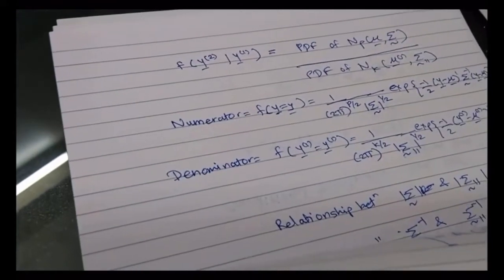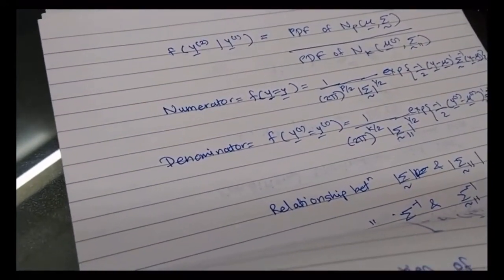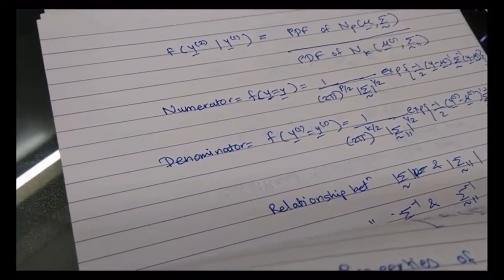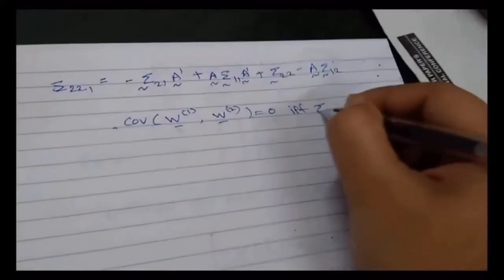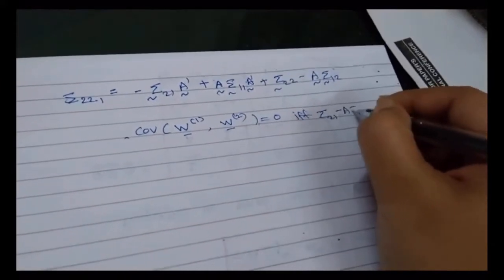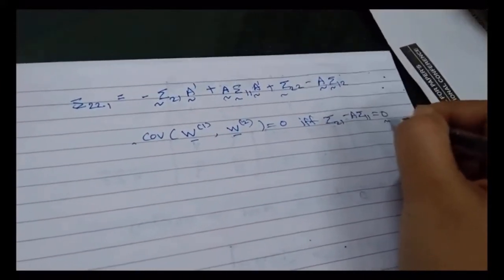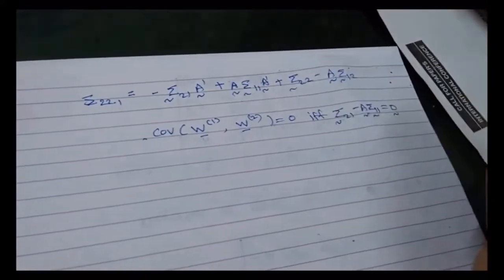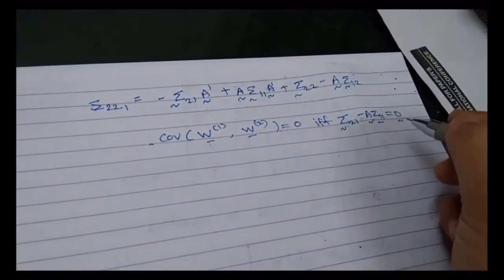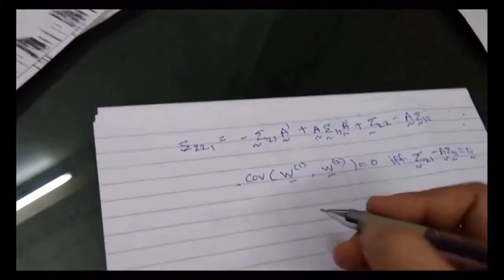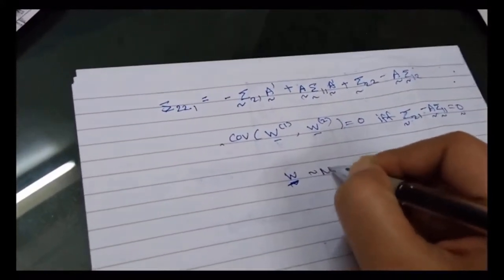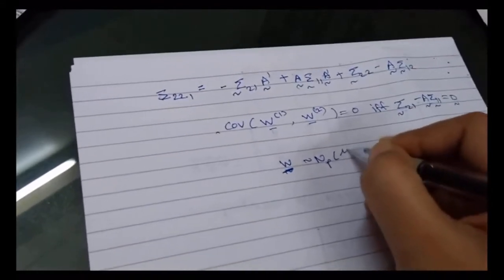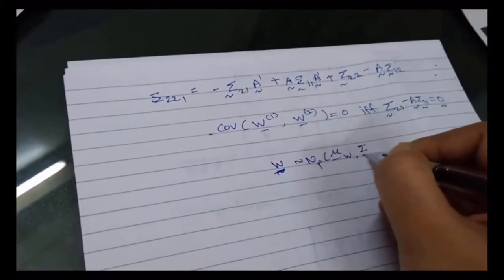That matrix is sigma 21 minus A sigma 11. If and only if sigma 21 minus A sigma 11 is 0. Now, what is the benefit of getting this? What I know is the vector W follows a p-variate normal with some mean and some variance covariance matrix.